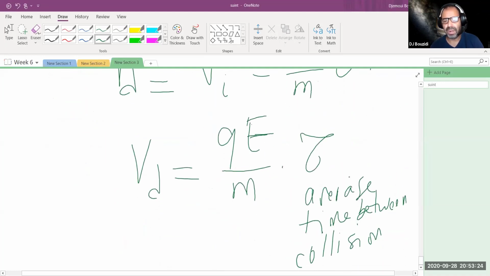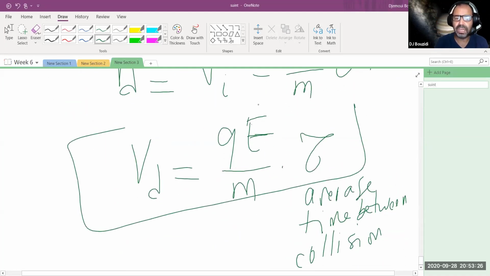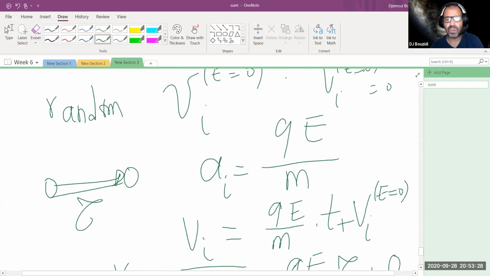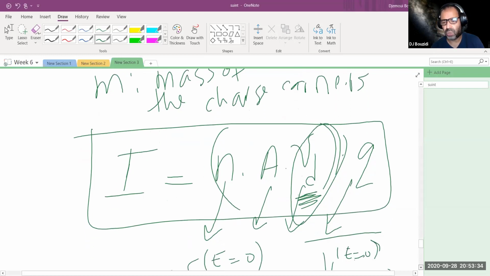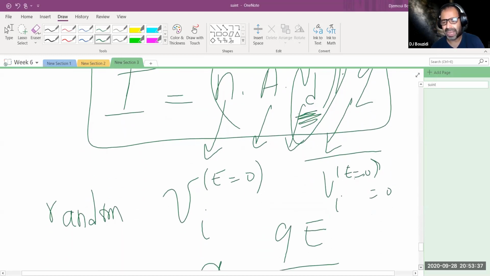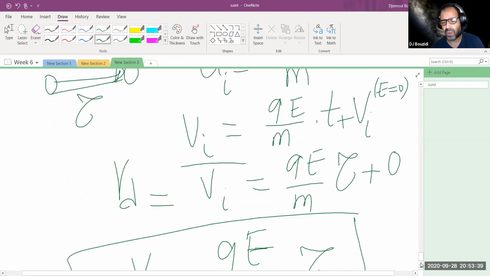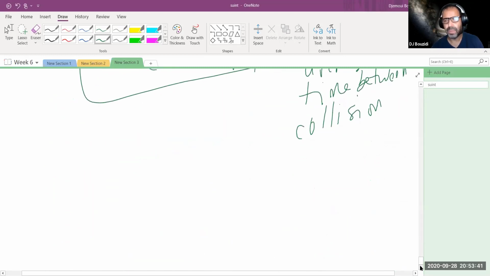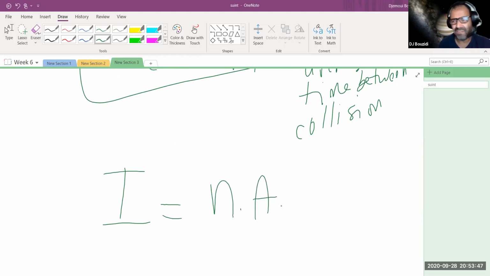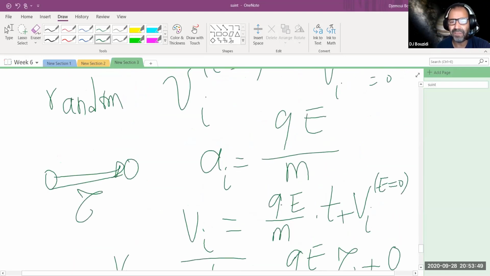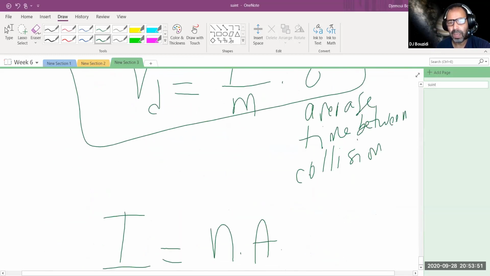So let's summarize this expression for v_d that we found with the expression for the current that I already have found. I'm going to substitute the value of v_d in here, which is Q times E divided by mass times tau. And now we have an expression for the electric current. I is equal to N times the area times v_d, and v_d I already found, which is QE divided by m times tau.